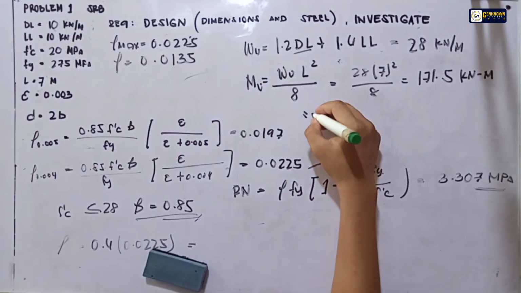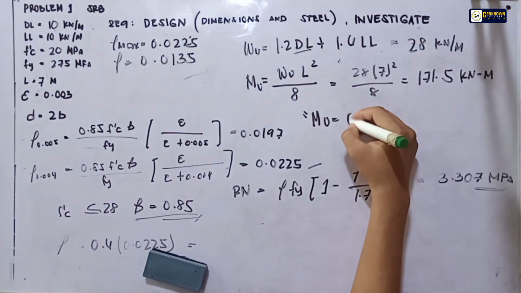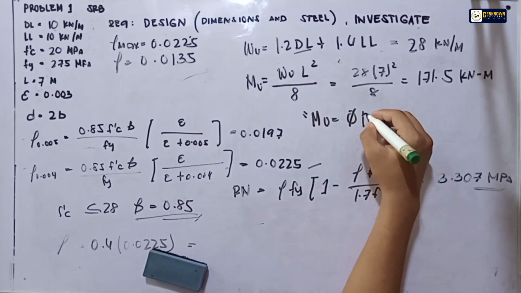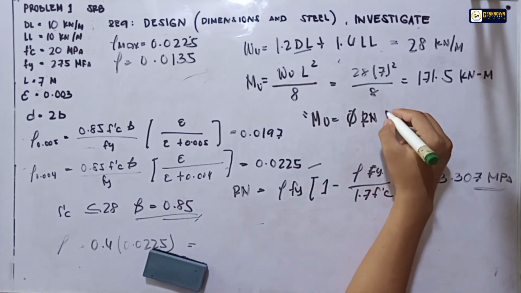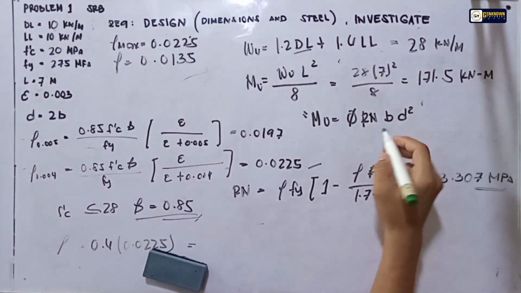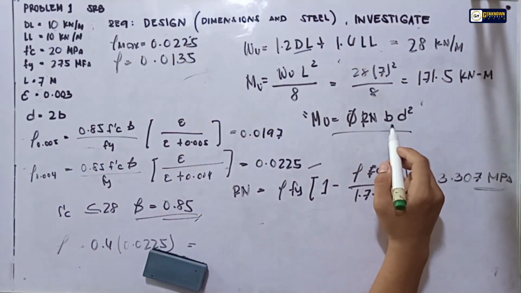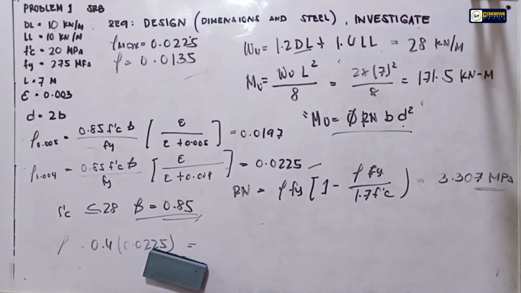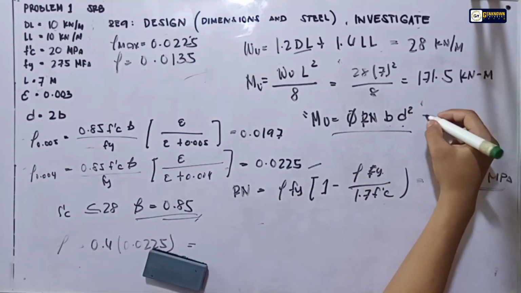So, recall natin, we have the formula Mu is equal to phi, or the coefficient or reduction factor, multiplied by the resisting moment, b d squared. Okay, take note of this. Remember, ang relation ng b and d natin, ang d natin is twice ng b. So, we can say na ang b natin is d over 2.